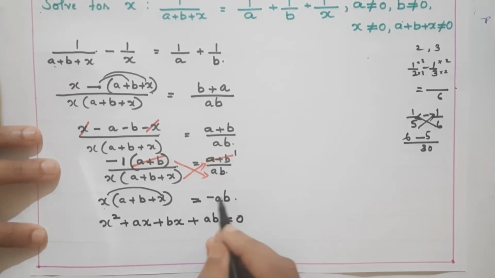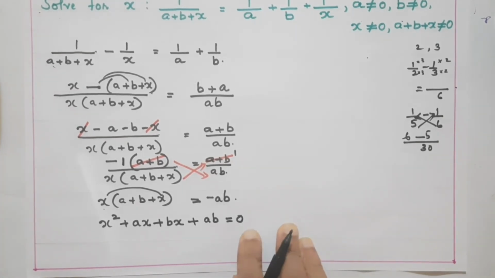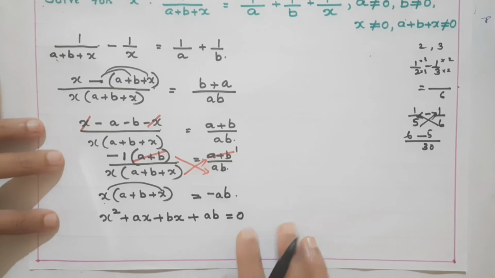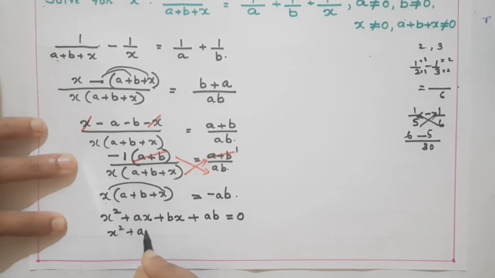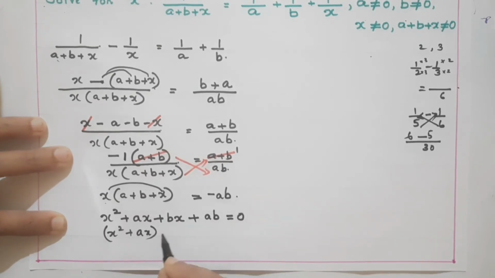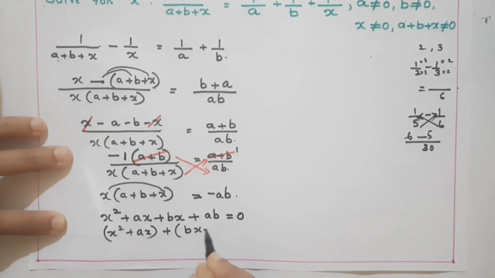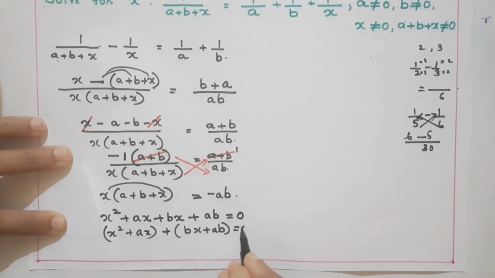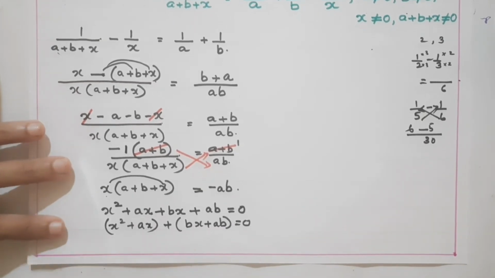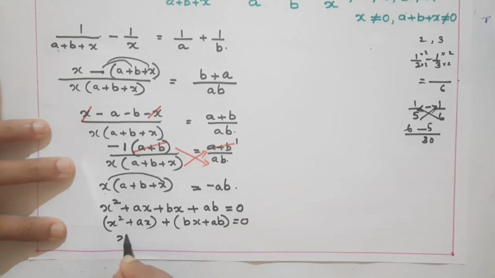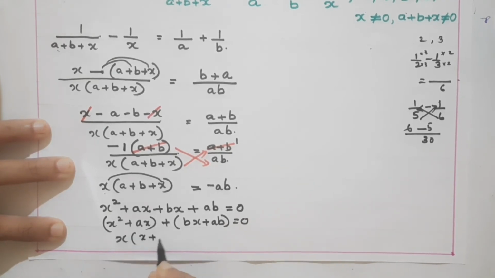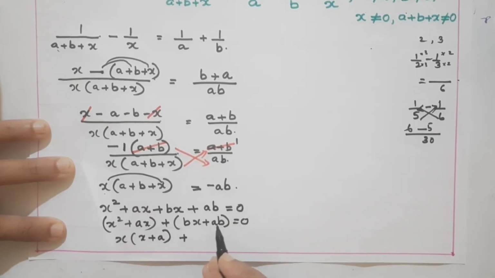Here everything I have taken this side. Now how will you solve this? Yes, you can solve by grouping. X square plus ax first group, plus second group bx plus ab. Okay. So what is common? X common, x plus a, plus here which is common?